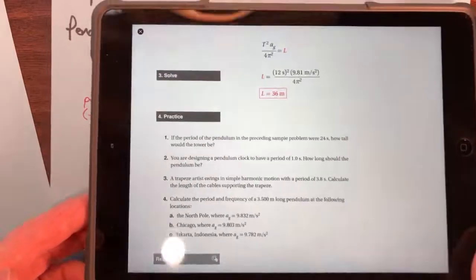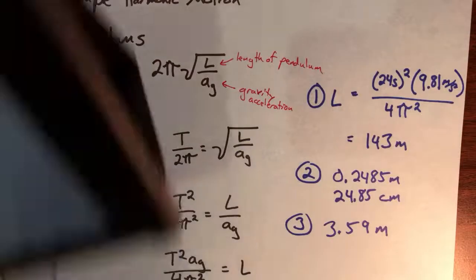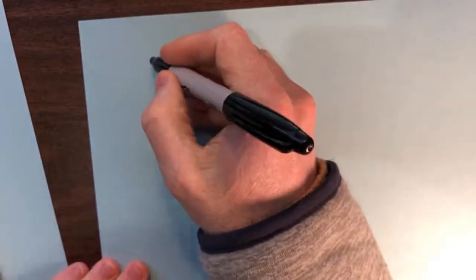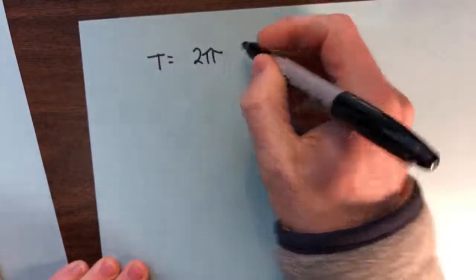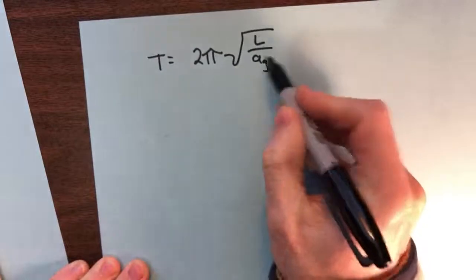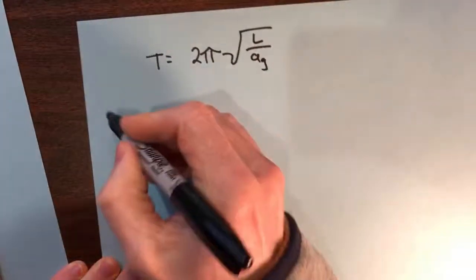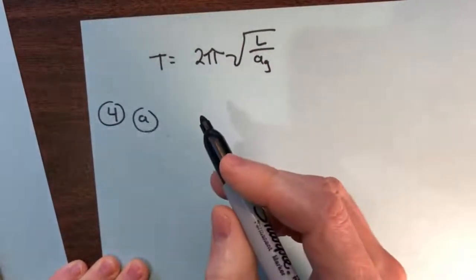Okay, with that said, let's solve one of these, and then I'll give you the answers for the others. For number 4, we have the same equation, T equals 2 pi square root of L over A sub G. The only thing we're going to be changing is that A sub G. So for A, we have the North Pole.